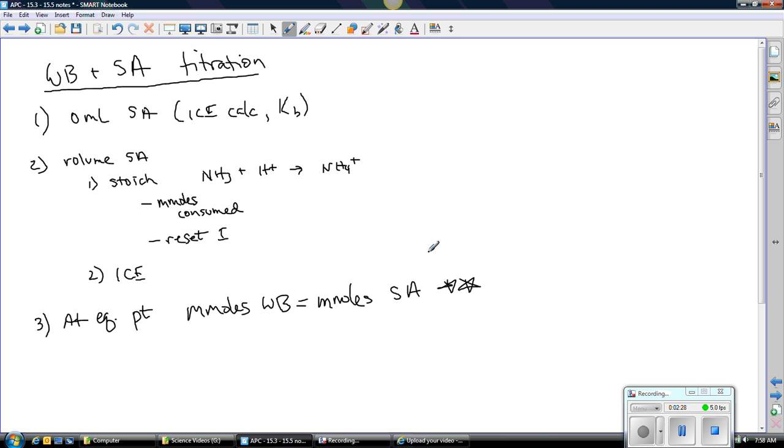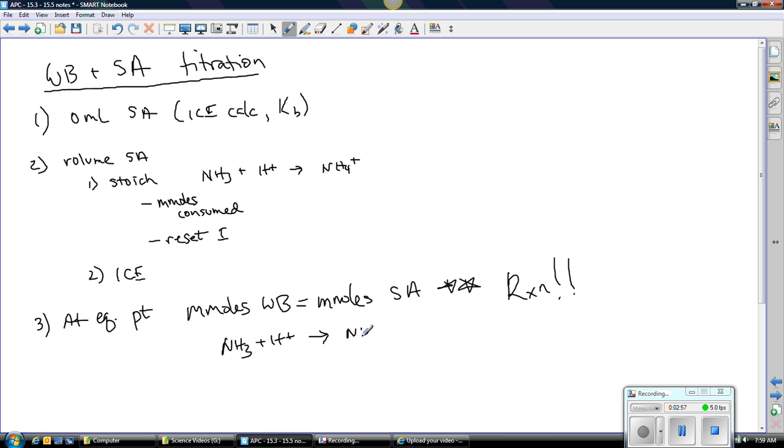When we've reached that equivalence point, we've got to pay close attention to the reaction. What we end up having is switching back over to the other reaction, meaning we're switching now to an acid reaction. All that ammonia has reacted with all those hydrogen ions.